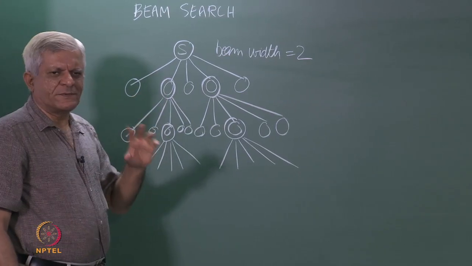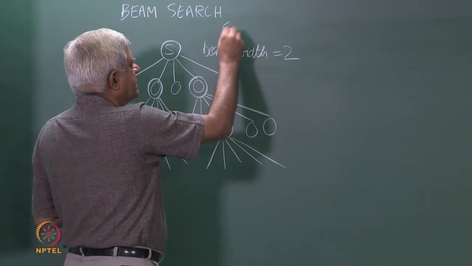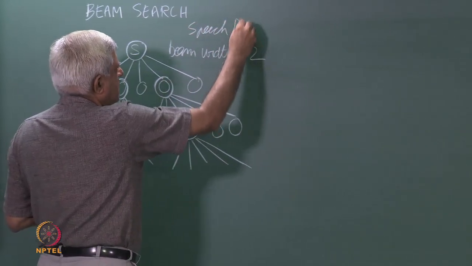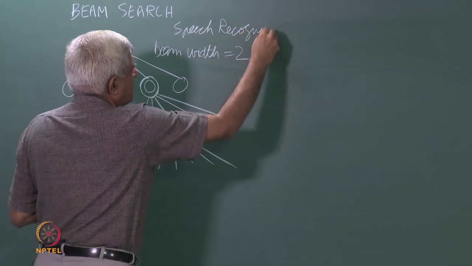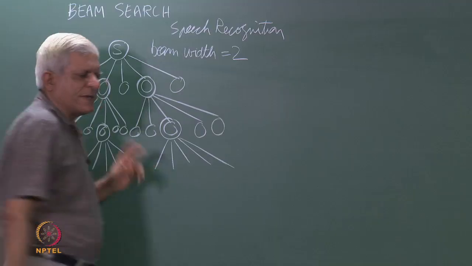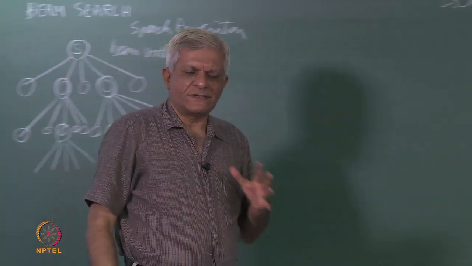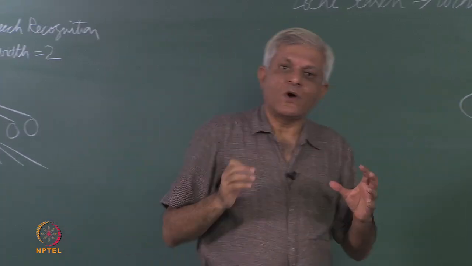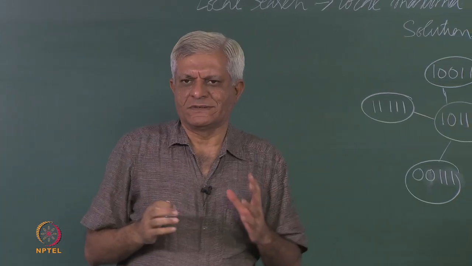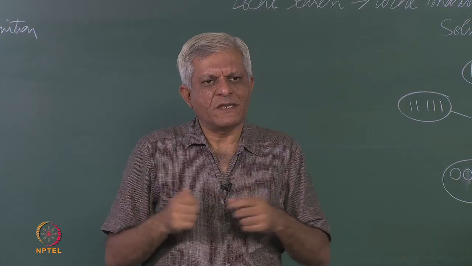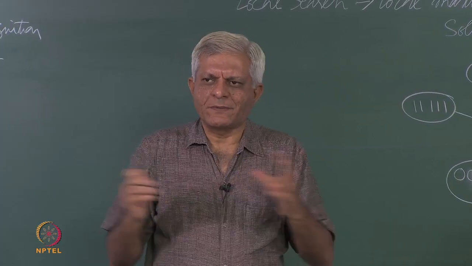This is an algorithm which has been used very successfully in speech recognition. You can imagine that it is useful in situations where there are a few options which are likely to be candidate solutions. So, what is the problem in speech recognition?